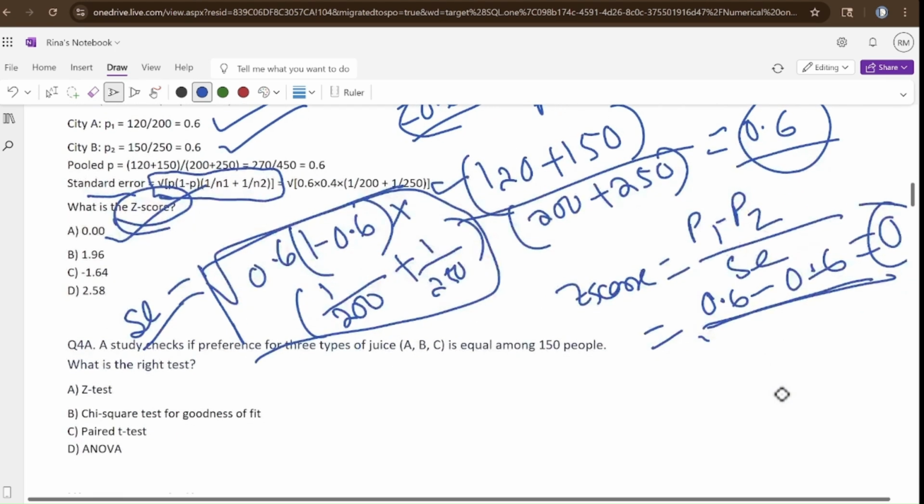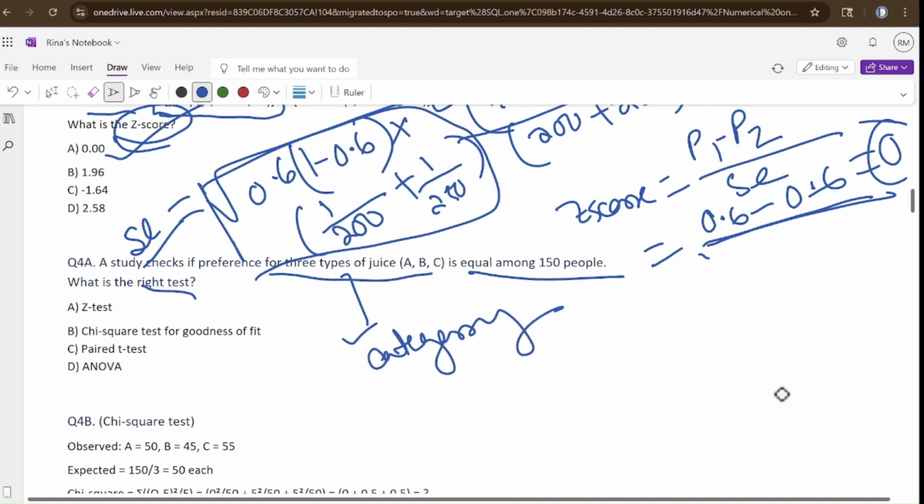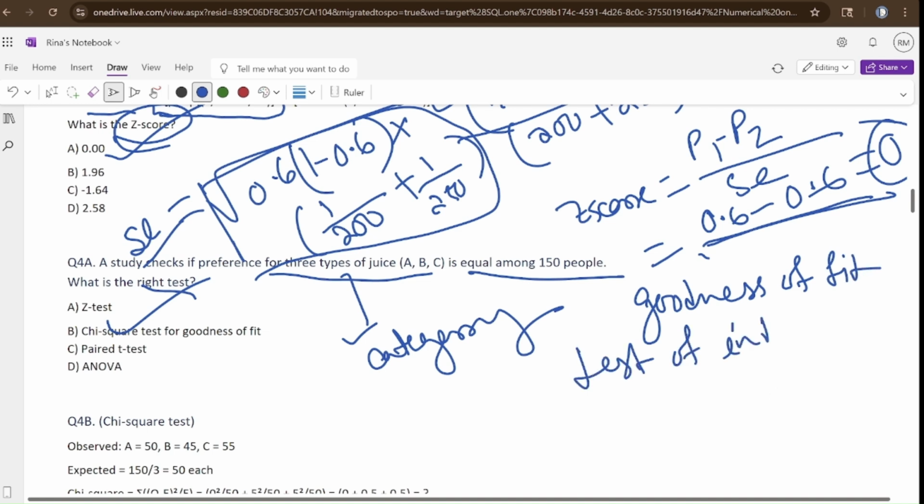Now the next one. A study checks if preference for 3 types of juice is equal among 150 people. So you can see this is a category. I told you for category you have to go for chi-square test. Chi-square test is of 2 types. One is goodness of fit, another is test of independence.